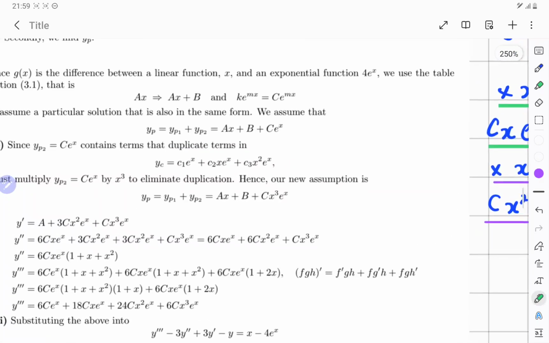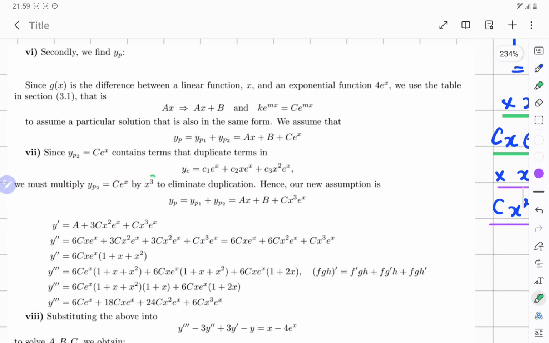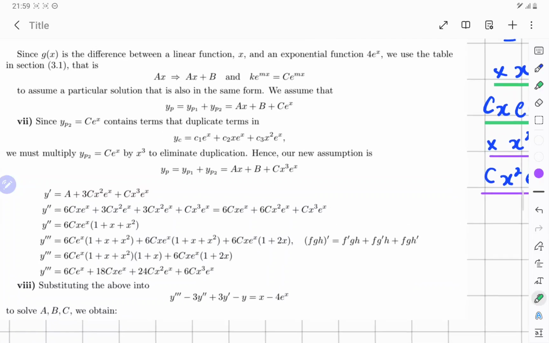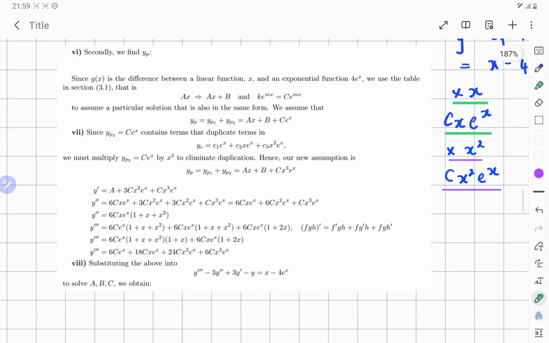So as you can see here, I've times by x to the n, where n was the smallest power that will eliminate duplication. I cannot just times by x or x squared, since it does not eliminate duplication. Now, what do I have?